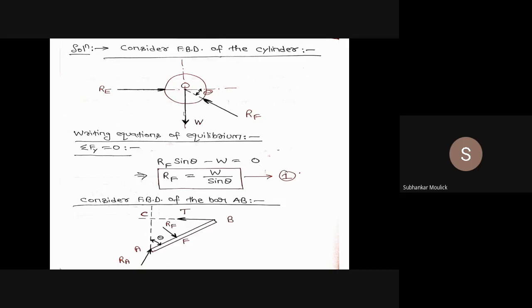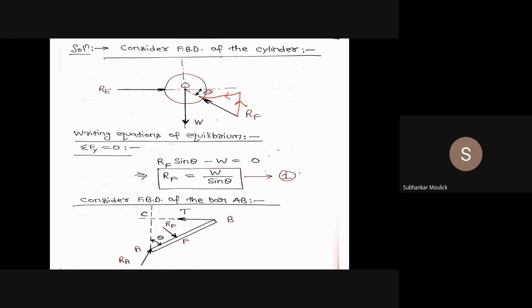So from this particular free body diagram, we can find out some unknown quantities. Let us find it out. If this is RF and this is theta, then this RF will have two components. This is the tail end, this is the head end, and this is angle theta. So if I make a triangle, it will be like this. I have to go upward, and from this point I have to go in the left direction.